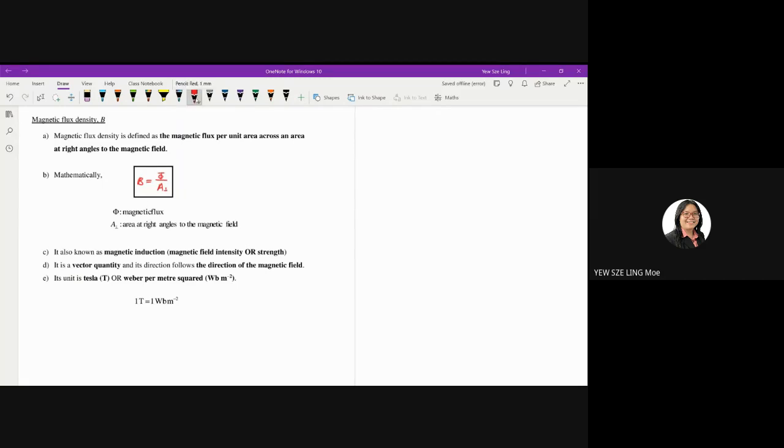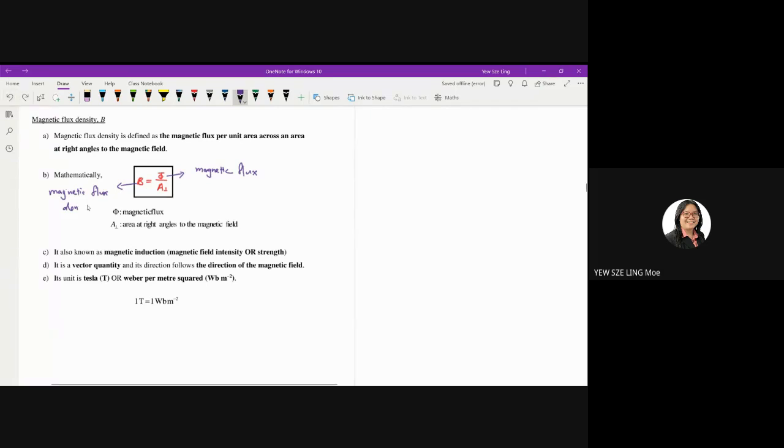Now one thing I want you to take notes. This one is known as magnetic flux. And B, if you look at the name, is known as magnetic flux density.